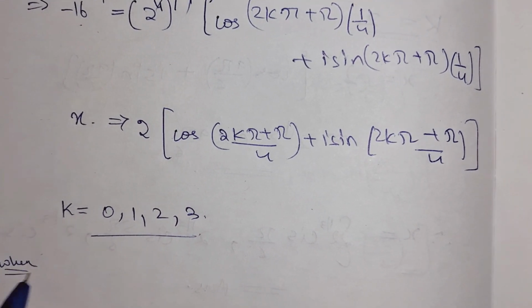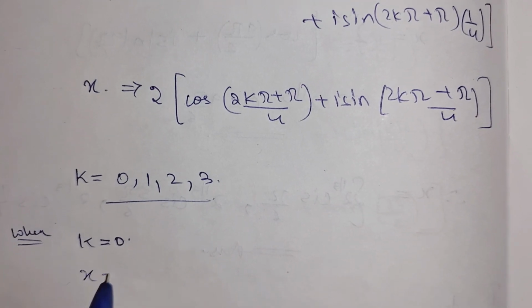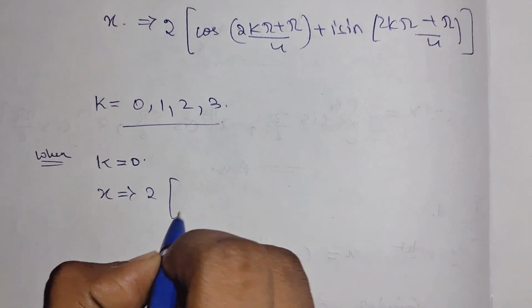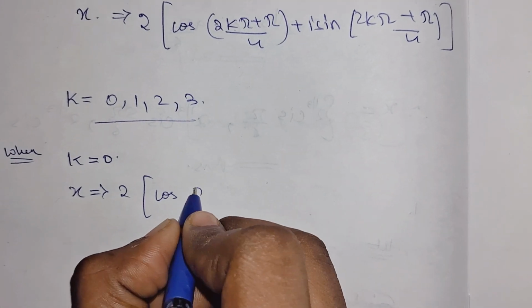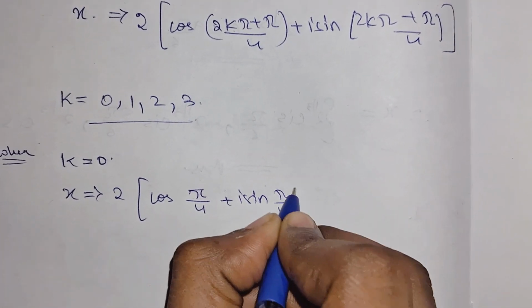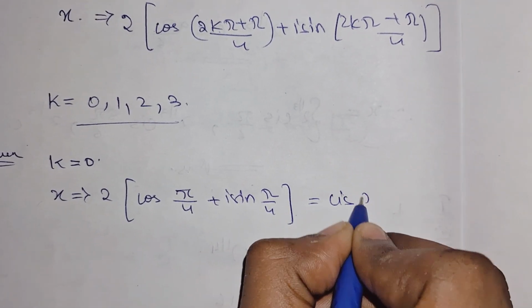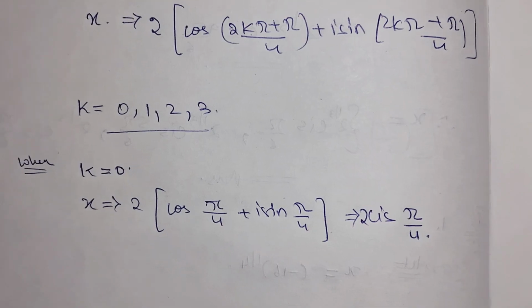So when k is equal to 0, we get x as 2 into cos, 2 into 0 is 0, so we will be left with cos pi by 4 plus i sin pi by 4, which is equal to cis pi by 4, so 2 cis pi by 4.